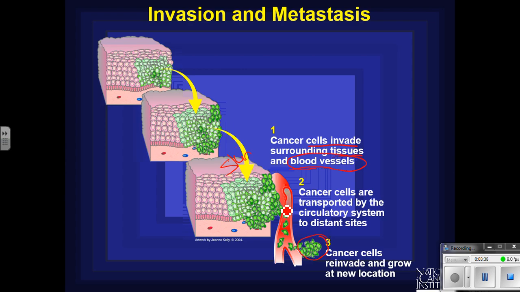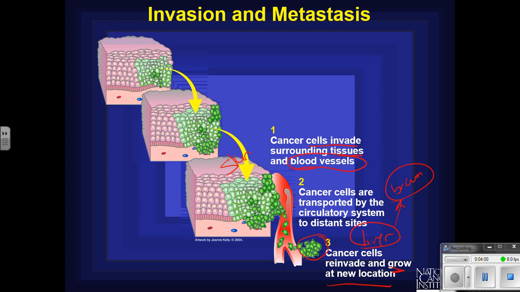These cells can get into the bloodstream and maybe they travel to the liver. And then all of a sudden you now have a liver tumor. And then maybe they travel to the brain and now you have a brain tumor. This can be a really difficult thing because it's like you're constantly chasing a moving vehicle. They keep going to other and new locations and growing new tumors there.